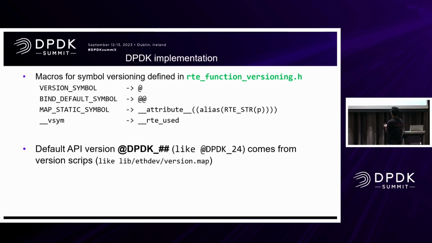The latest one is DPDK 24, I think. With this 24.11 release, we are in the cycle of major ABI release 24. That's why the version scripts are updated, so new APIs will have this tag. If you don't have any ABI versioning, by default every API in the binary will have this tag.